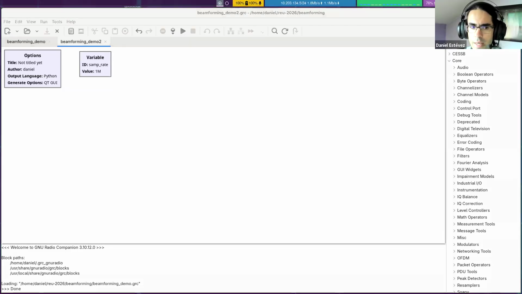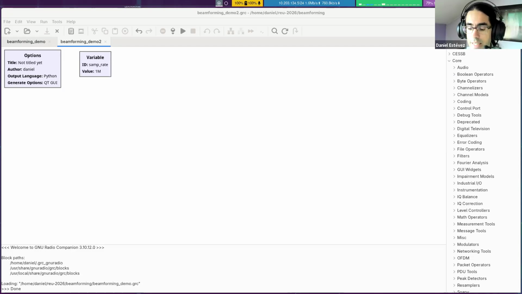So for the simulation of the astronomical source, I'm going to do essentially the same thing we were doing last week. I'm going to use a noise source, a Gaussian noise source, for the astronomical source, because in many cases astronomical sources generate broadband noise.